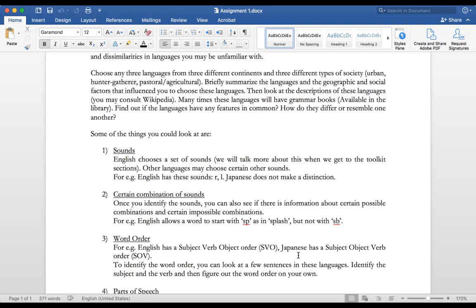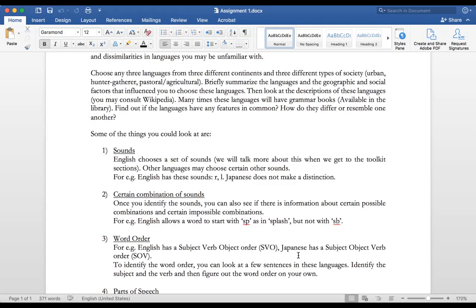So examples of hunter-gatherer societies: a lot of indigenous tribal societies were hunter-gatherer societies. So these are societies that, many years ago, would go around foraging for food, and that's why they're called hunter-gatherer, right? So they hunt animals and they gather food. So that's where the terminology is coming from.